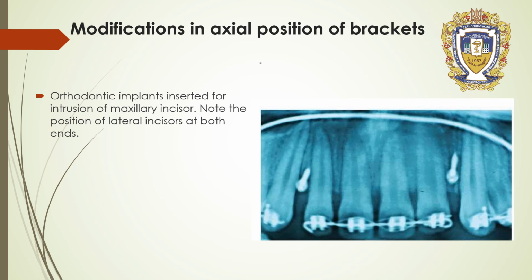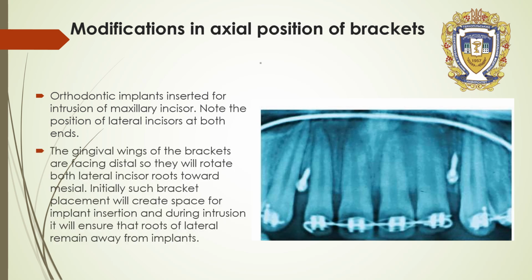Orthodontic implants inserted for intrusion of maxillary incisors. We can see on this panoramic X-ray, note the position of lateral incisors at both ends. The gingival wings of the brackets are facing distal, so they will rotate both lateral incisor roots toward mesial.